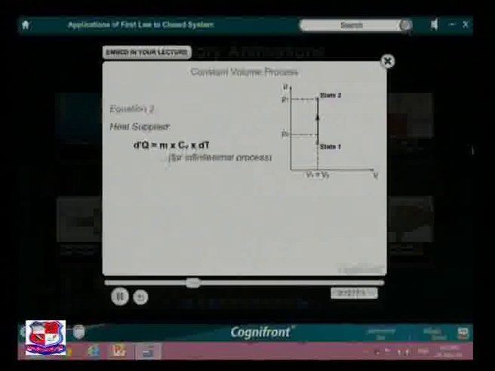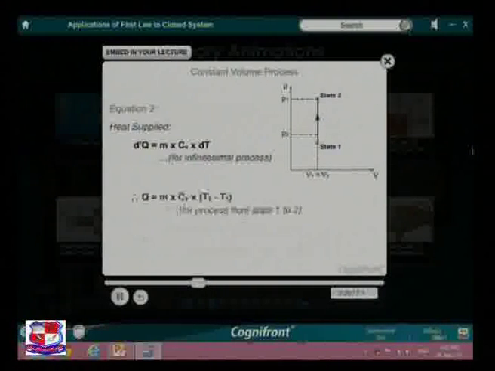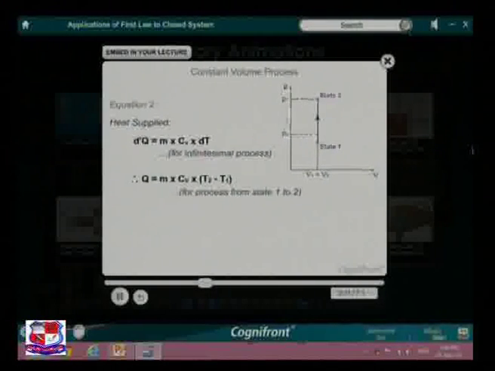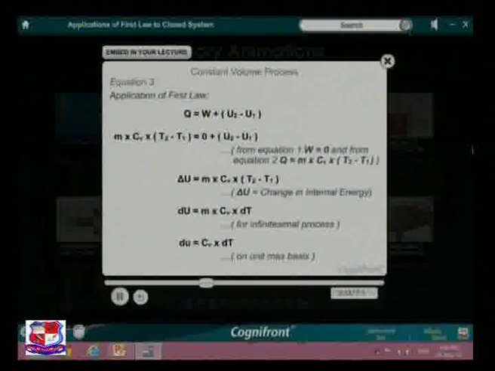In this process, the heat supplied can be expressed as. Therefore, heat supplied for the process from state 1 to state 2 is given as. By applying the first law of thermodynamics, we can find the specific heat supplied at constant volume.